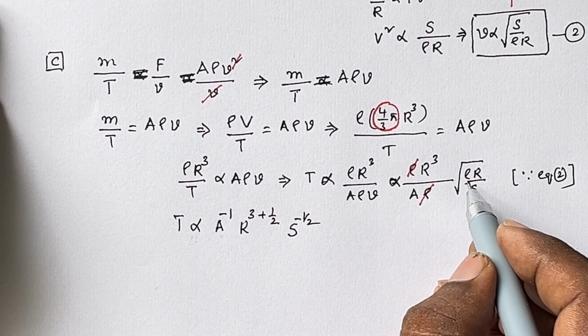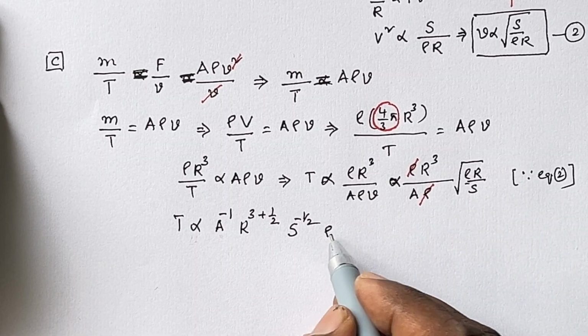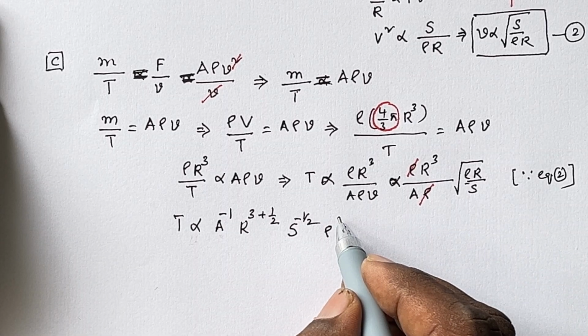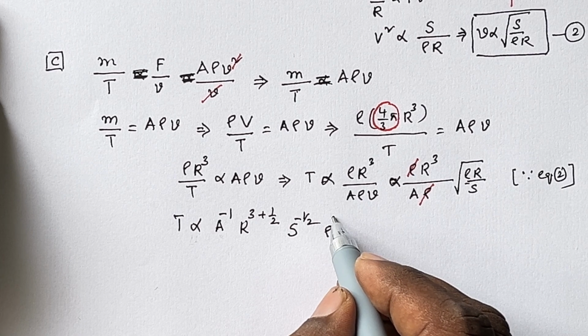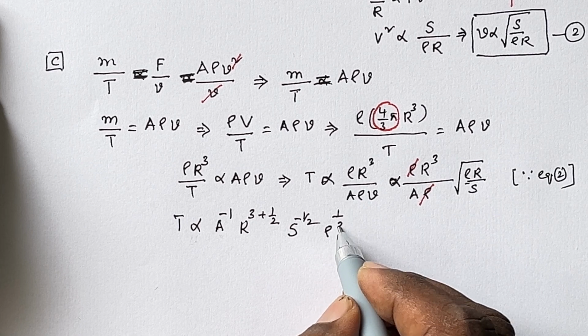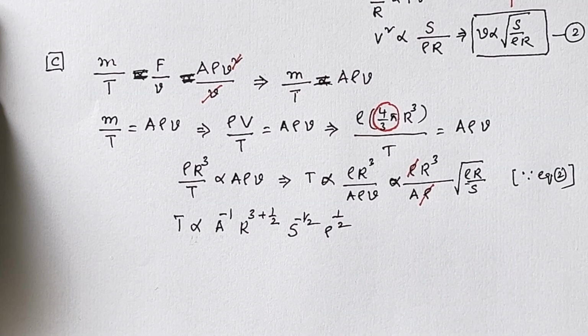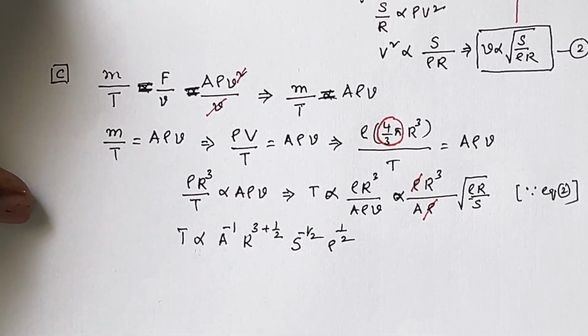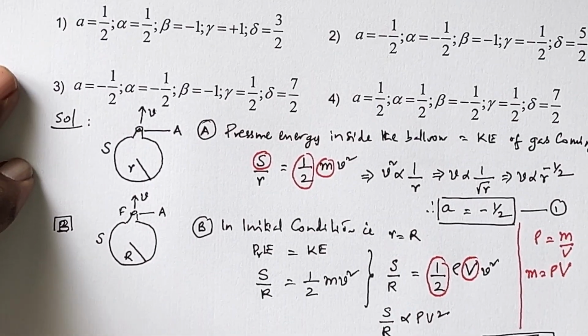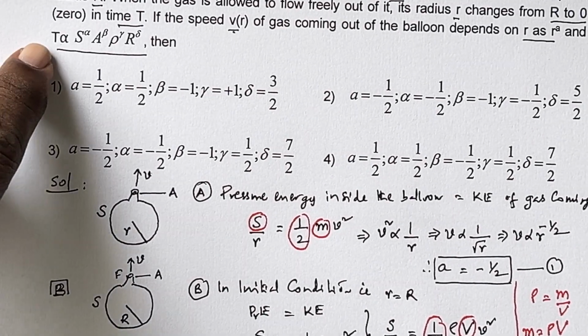Here rho is also there, rho power half. Rho is in the denominator. So this is the equation I got.